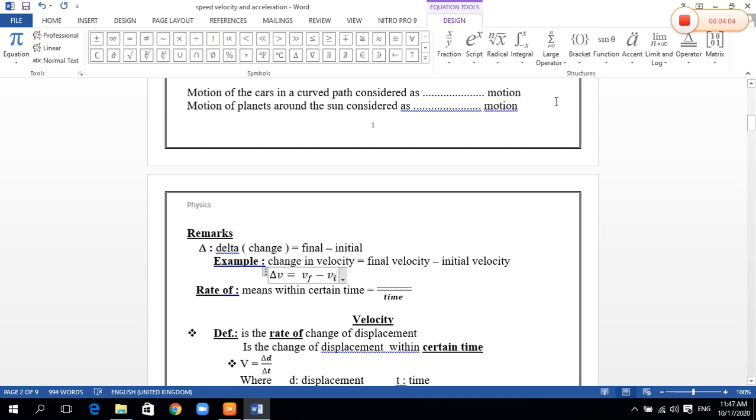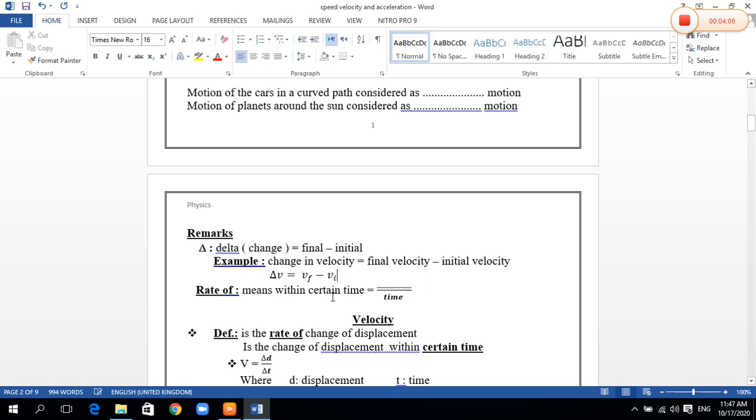That's it. So this was the first remark: the word delta means the change, the subtraction, the difference. Change in velocity means final velocity minus initial velocity, and is represented by an equation like this.